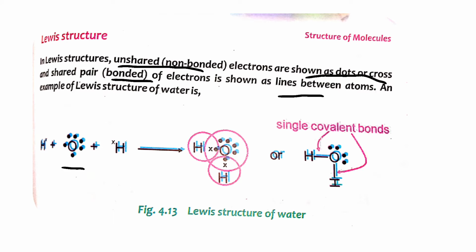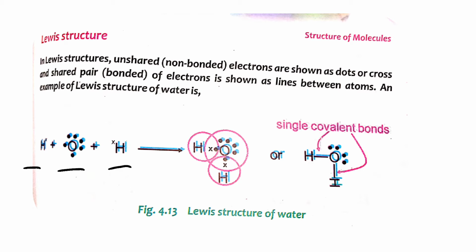You cannot take both atoms' electrons as dots. Here the oxygen is taken as dots and the hydrogen as crosses. Oxygen has 6 electrons, so there are 6 dots here. Hydrogen has 1 electron, so there is only 1 cross with the hydrogen atom.